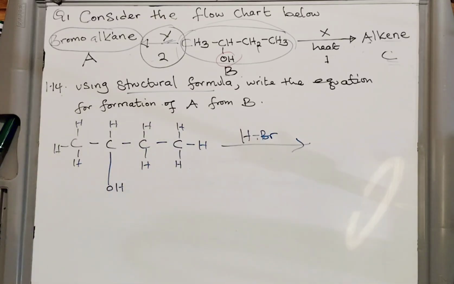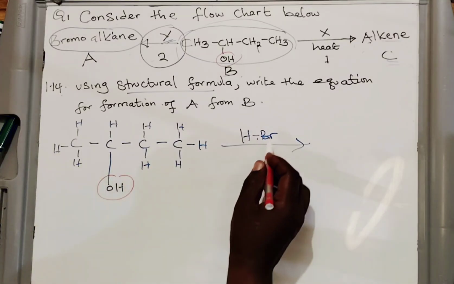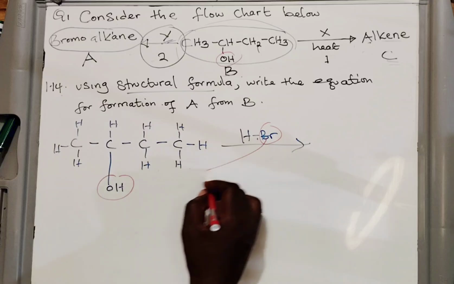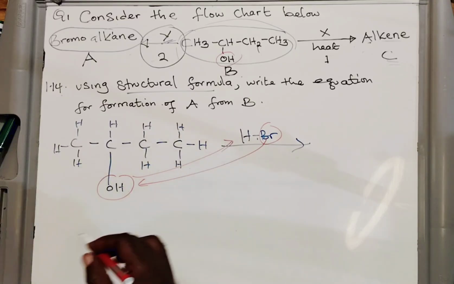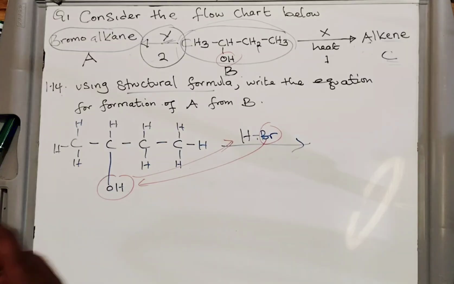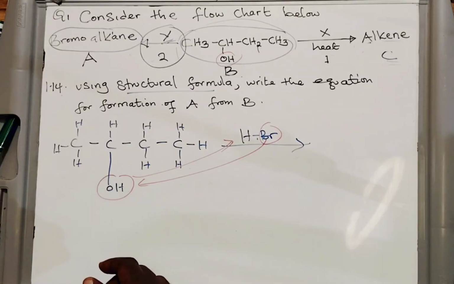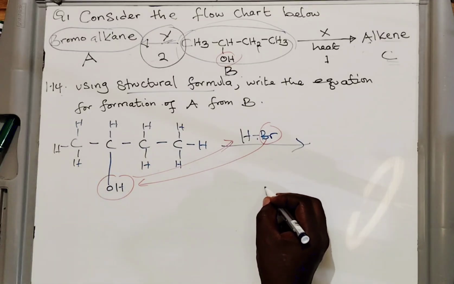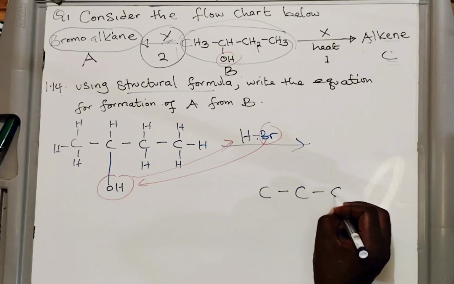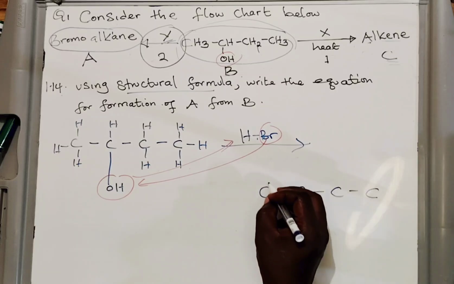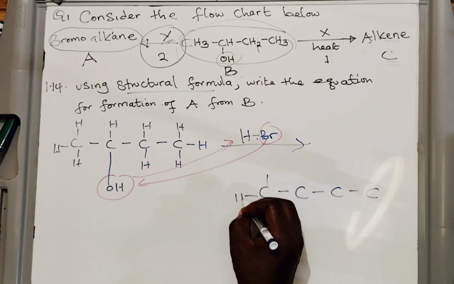So what happens actually is that this OH is substituted for Br. So what do we get here? You have the product. The product, let me write it here, is going to be C, C, C, C. We have our hydrogens here.